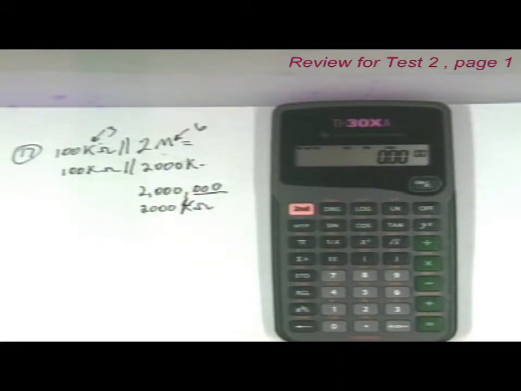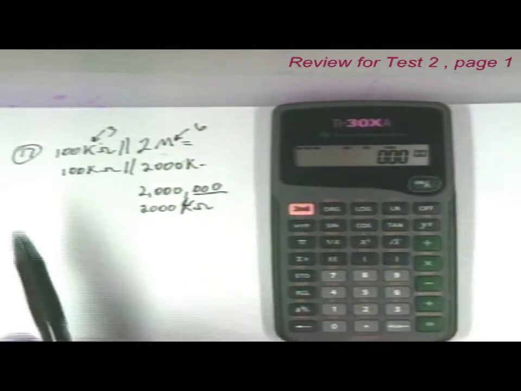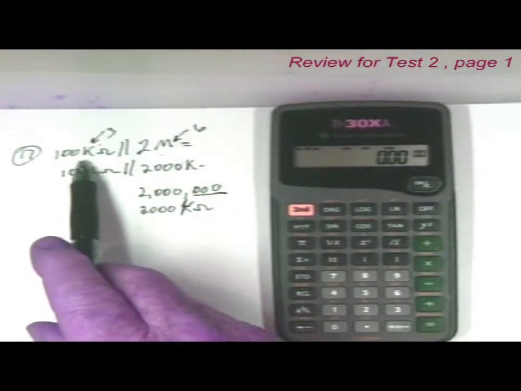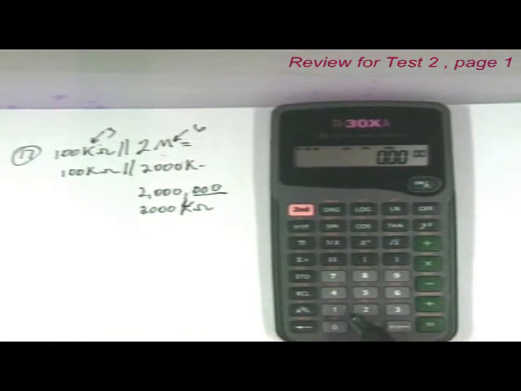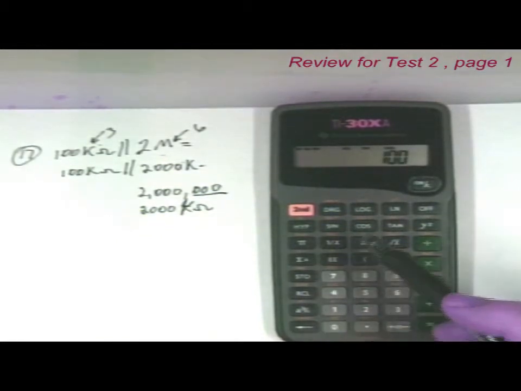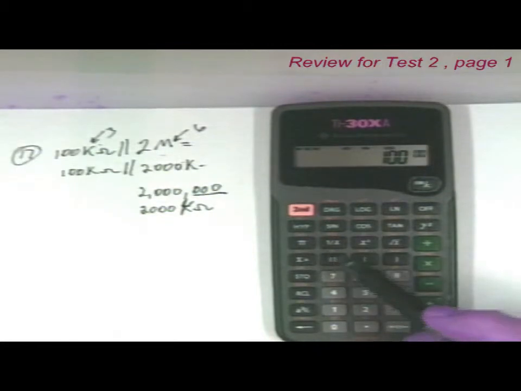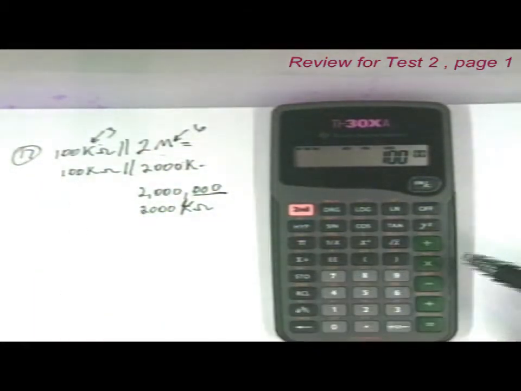Real simple to do. Don't get confused by any amount of zeros or anything else you have. It's a simple mechanical thing to do this. I look at this 100K, so I'll put 100 in there, and then what do? I got a double E. Since it's K, I put in a 3, don't I?